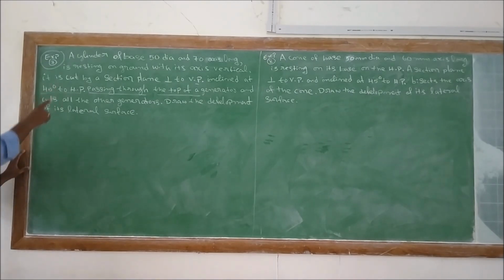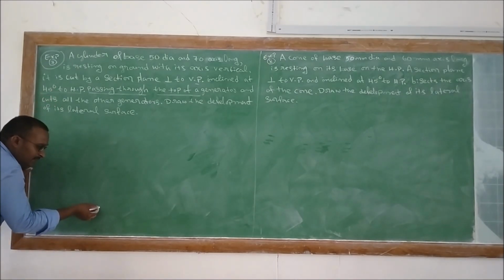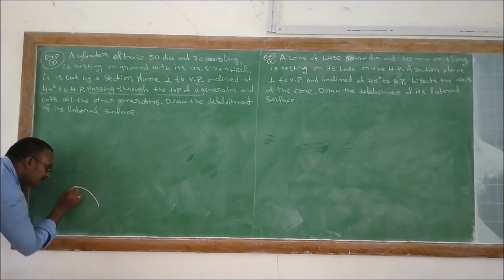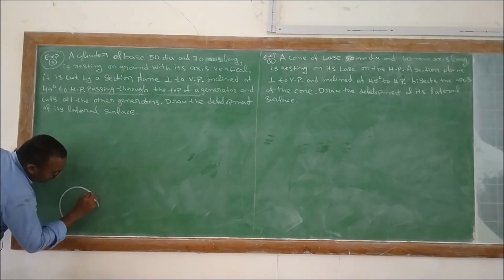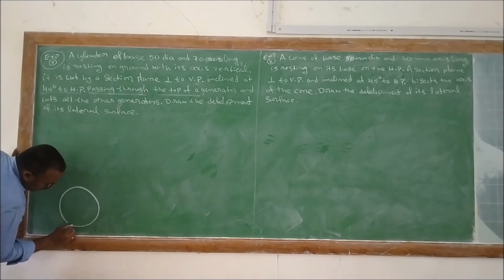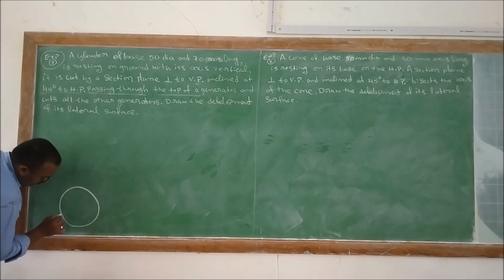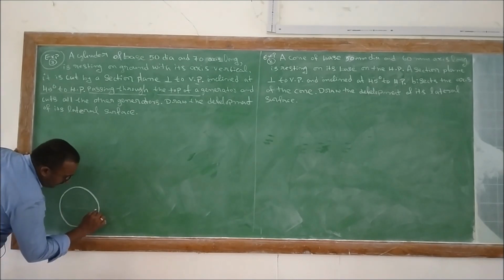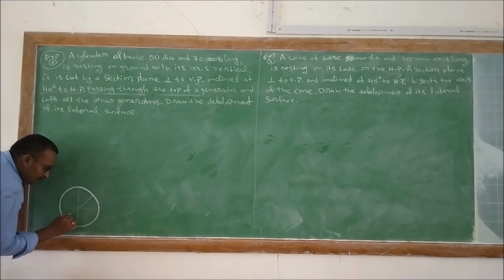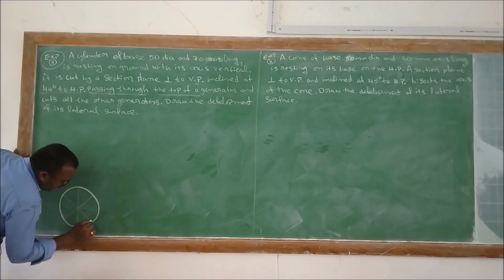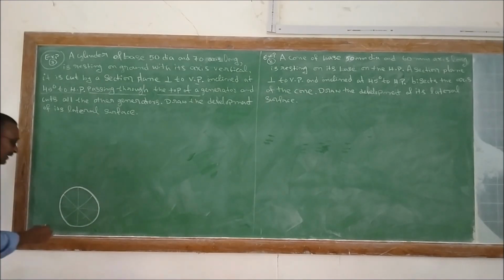So initially we must start with the cylinder of base diameter 50 mm. Then you need to divide that circle into a number of equal parts, let us say 8 equal parts.